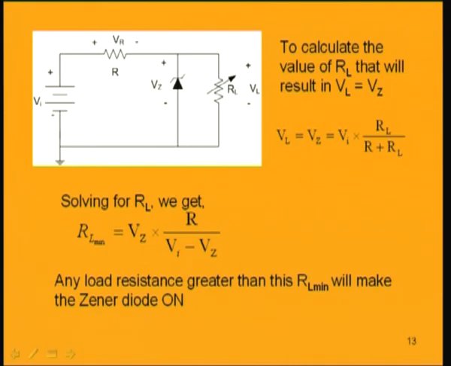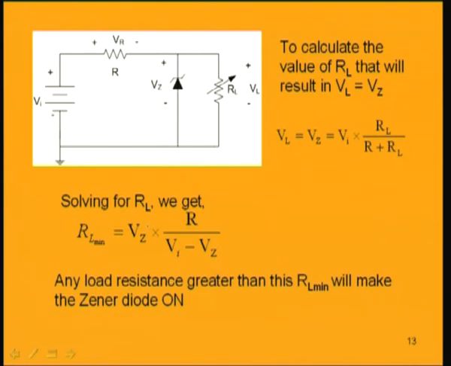So, if we simplify this expression and solve for RL, then we get that value of RL is equal to Vz into R by Vi minus Vz. That means the resistance value should be at least equal to Vz into R by Vi minus Vz. We are not changing R, R is constant. Once you design R, we are not changing it.